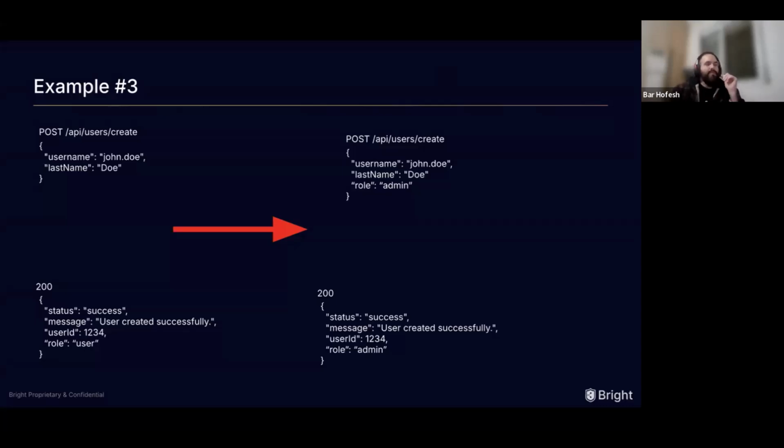This is what we call in the industry a BOPLA. It has silly names, right? It's broken object property level authorization, if you want to break it down. Basically, on the server side, we have everything as different objects, right?